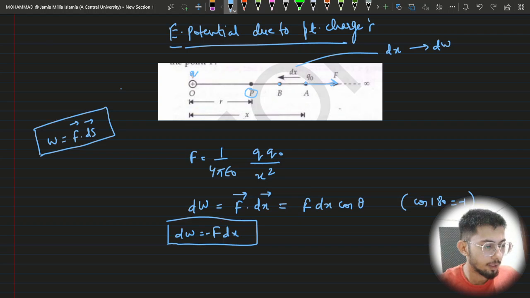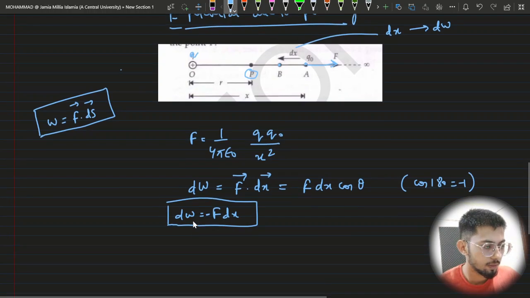But we want to find the potential at this point P, so we want to move it from infinity to this point P, right? So how will we find the total work done? See, previously we moved it a small distance. We want to move it up till here. So can we add each one of these small dW and reach P?